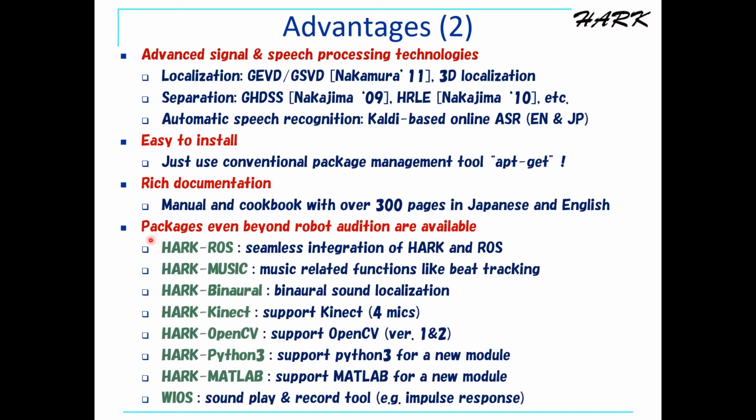And many peripheral packages are also available. For example, you can use ROS together with Hark when you use HarkROS. And when you want to make your own module, HarkPython3 enables you to do it with Python.